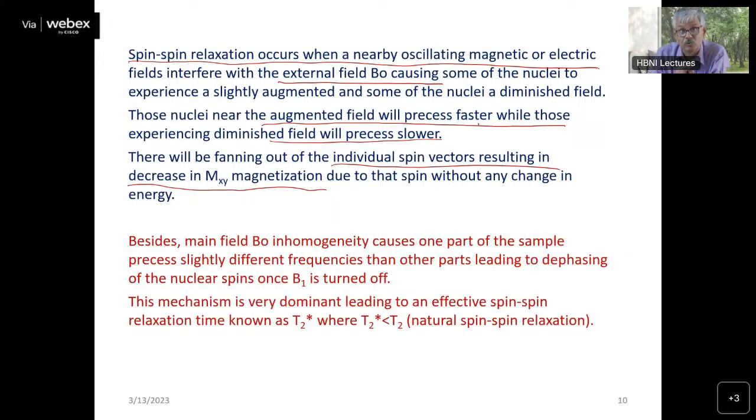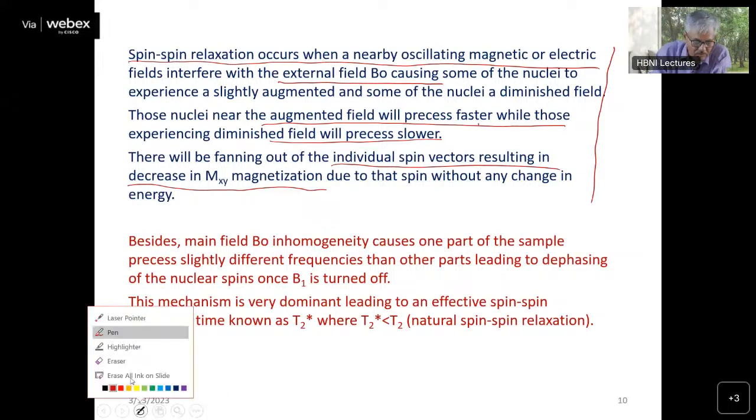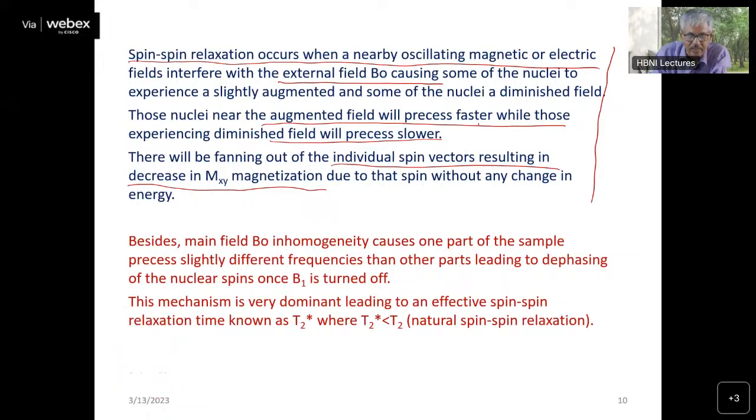So the main issue is not that. If it were the only mechanism, then one could find out the T2 just by measuring the signal width at half height. But the main issue is that there is also a main field inhomogeneity.